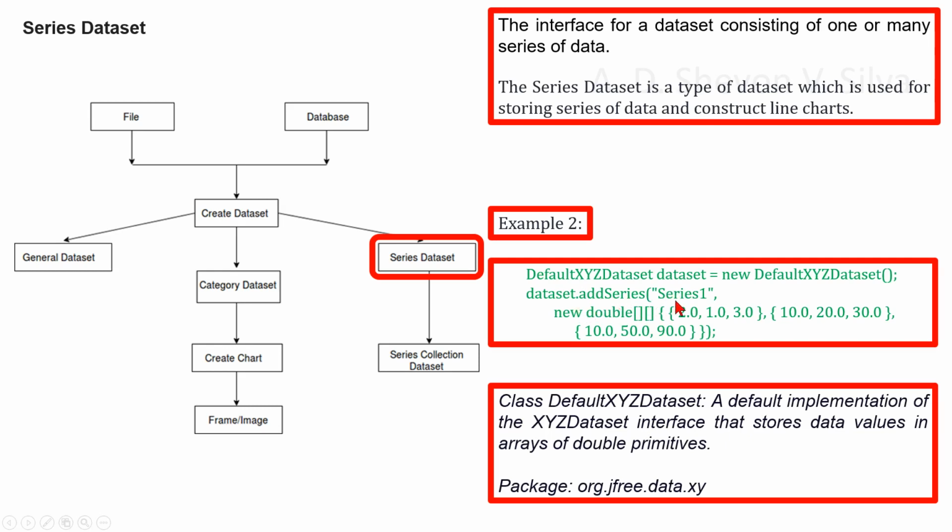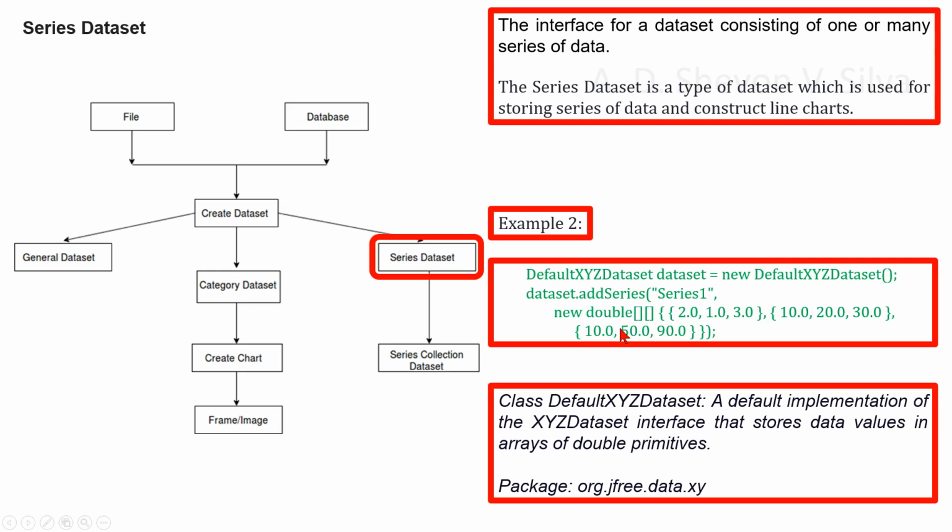Here, this is the first parameter, seriesKey. The series key, null not permitted. The second parameter is data, a double two-dimensional array.